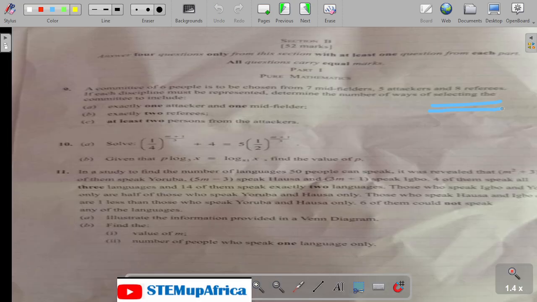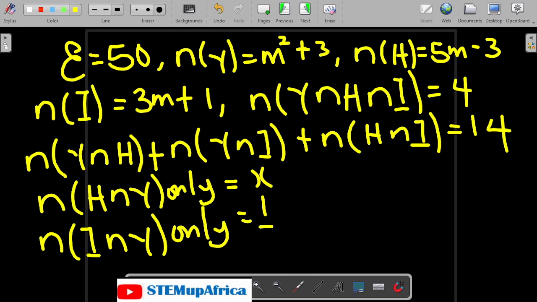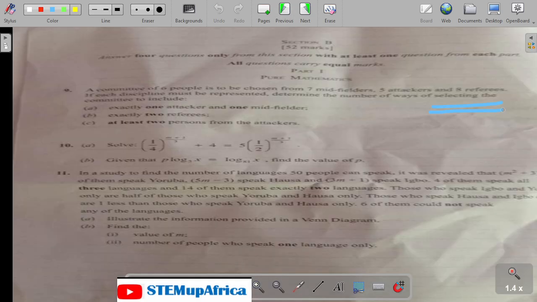The number that speak Igbo and Yoruba is half those that speak Yoruba and Hausa. So the number that speak Igbo intersection Yoruba only is half those who speak Hausa and Yoruba only. So I'm having 1/2 x.